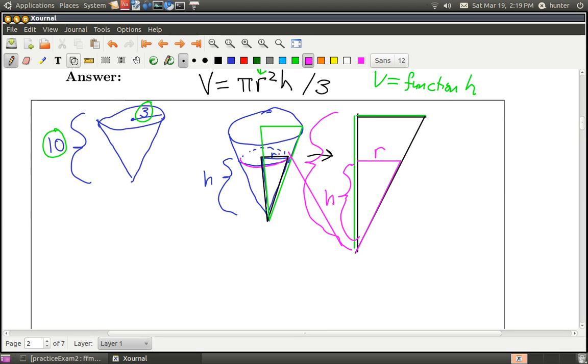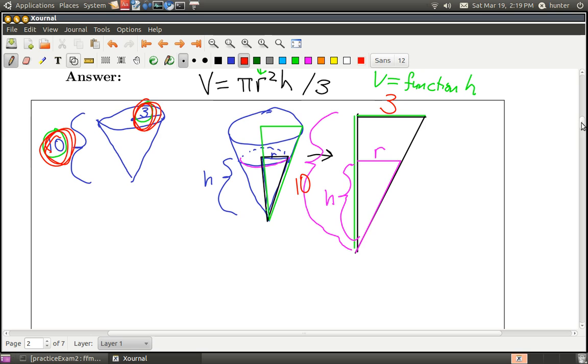We want r in terms of h, right? Okay, so this side, the big side, is 10 because they tell us that 10 is the height of the cup. So the whole length of the big triangle is 10, and this top part is 3 because they tell us that the top part of the big triangle is 3 right here when they tell us the radius of the cup.